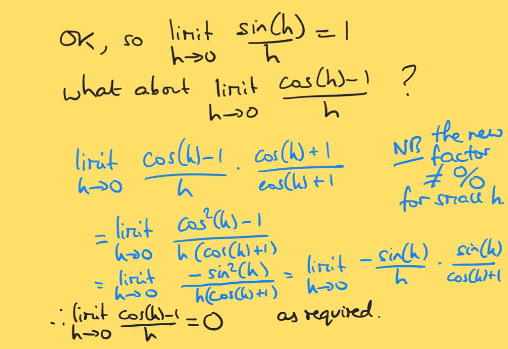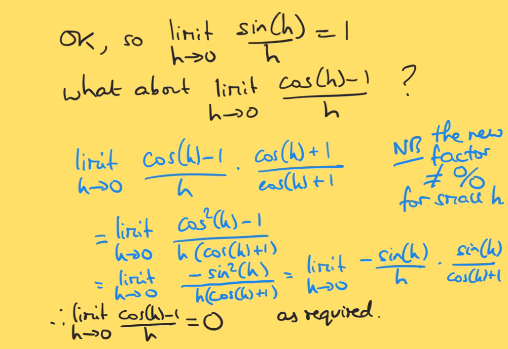We know as h goes to 0 that this limit is well defined. It's 1. So this factor is going to go to 1, and it's multiplied by this, which is going to go to 2 on the bottom, and in the numerator this is going to go to 0. So this limit is going to vanish, and that limit would also vanish in degrees.